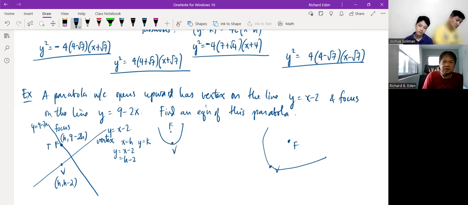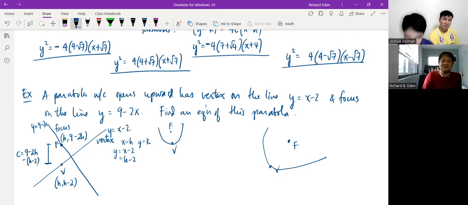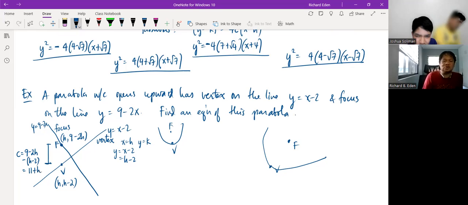So therefore, the distance c between them will be 9 minus 2h, so the difference of the y coordinates, minus quantity h minus 2. So ano to ba? 9 minus 2h minus quantity h minus 2. You would get 11 plus h.